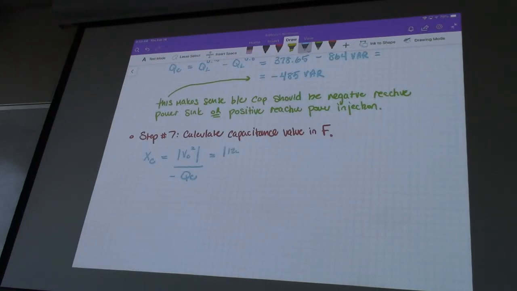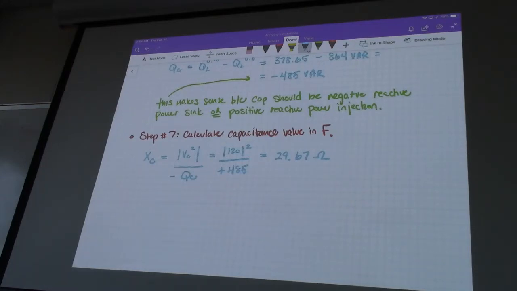So magnitude 120 squared over positive 485, which what I got was 29.67 ohms. So that's the magnitude? Well, reactance is a scalar value. If you want to talk about its impedance, it would be negative j 29.67.